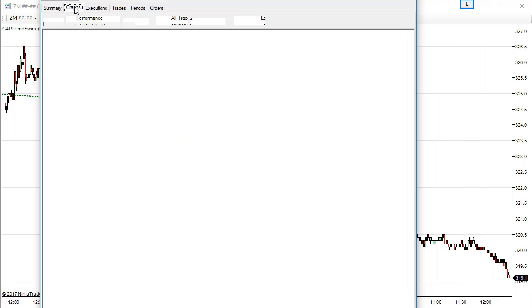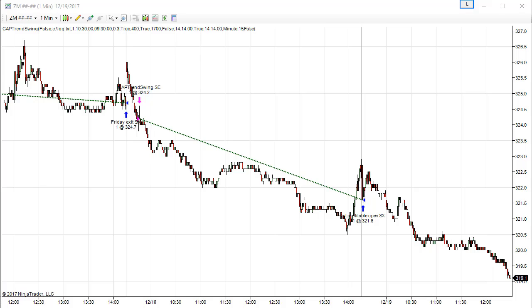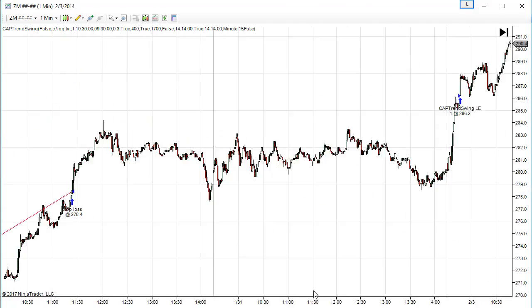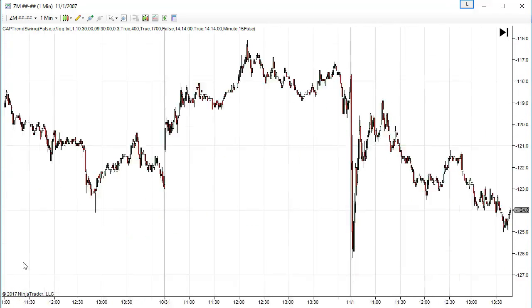Max drawdown is kind of big, but I'm going to show you why. The data back before this is a bit choppy, and so I believe that results from this point forward in mid-2009 are better, because if we take a look at the data, at the beginning here, it's not the best.